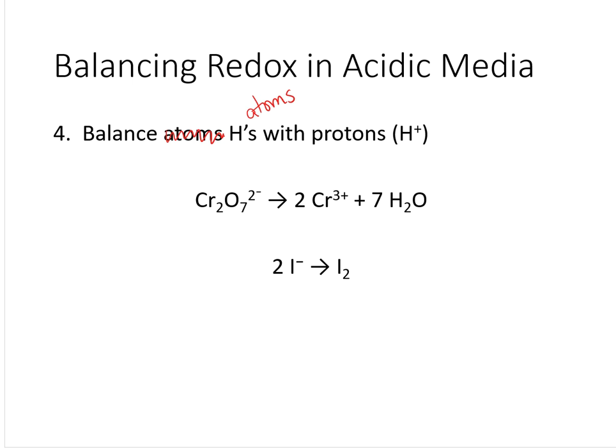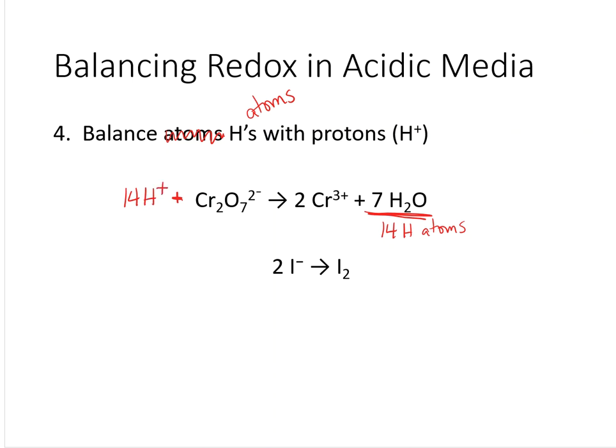So what that means, over here we have our chromiums balanced, our oxygens balanced, but we have 14 hydrogen atoms in our products over here. In order to balance out those 14 hydrogen atoms, we add 14 protons to the reactant side.